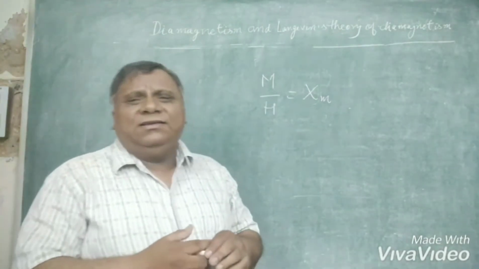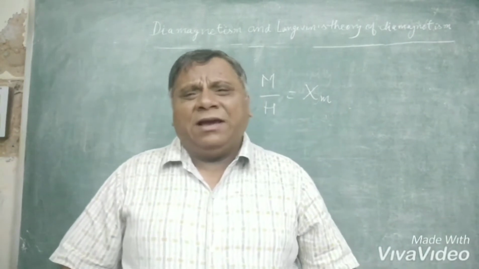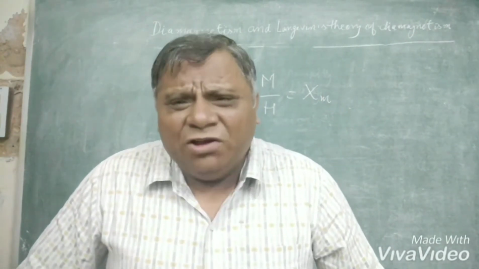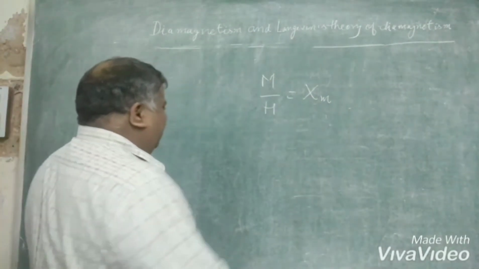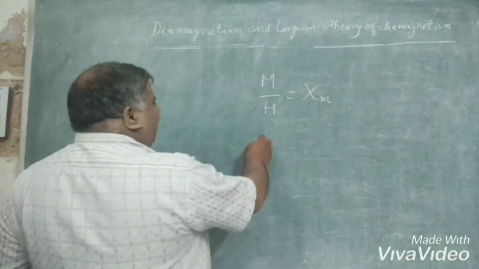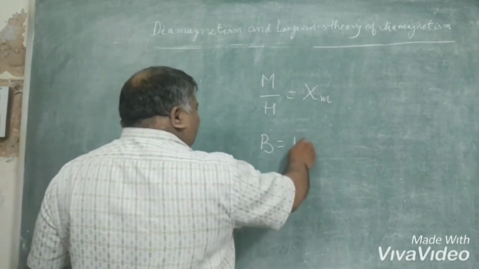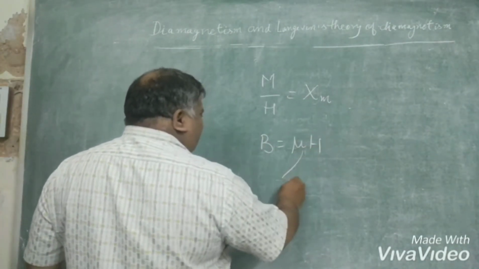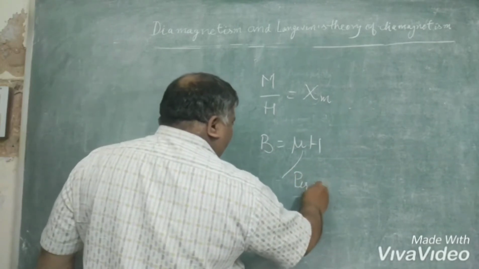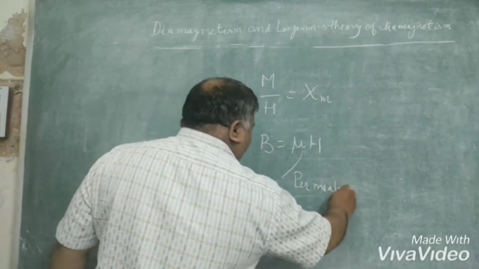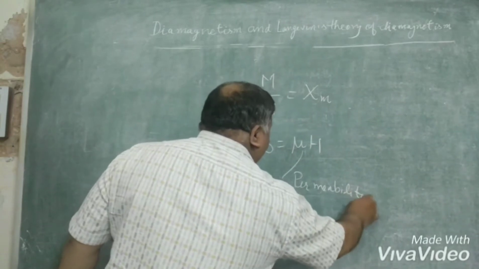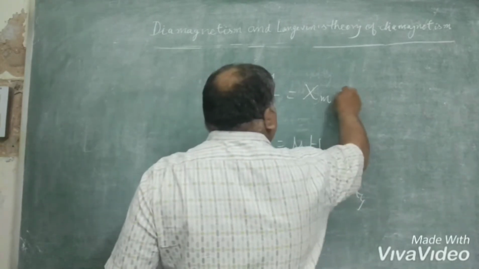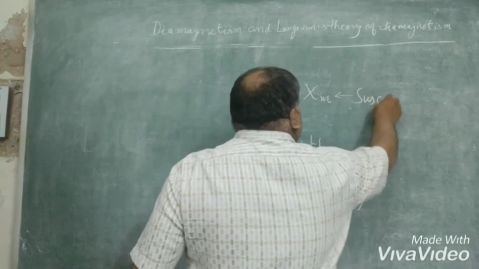Magnetization is defined as the magnetic moment per unit volume. So we have B equal to mu H. This quantity is called permeability. This is known as susceptibility.